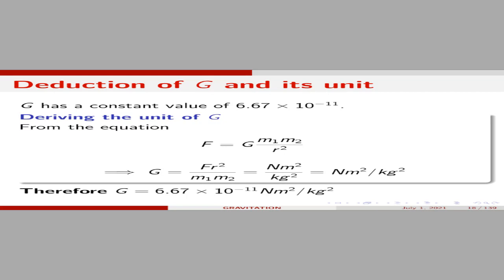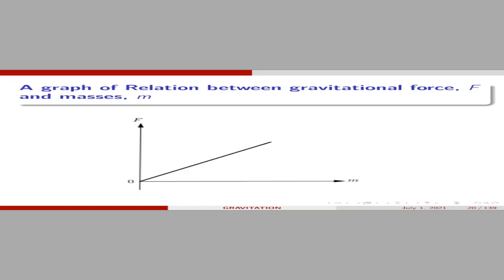Okay. Now we have a graph of relation between F and M. When you check Newton's law of universal gravitation, we said that F is what? G M1 M2 over R squared.